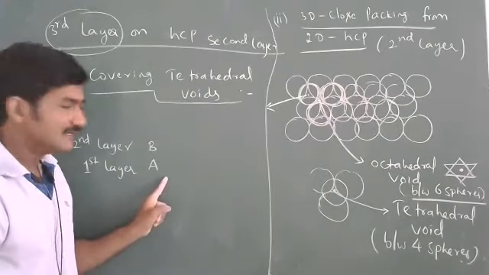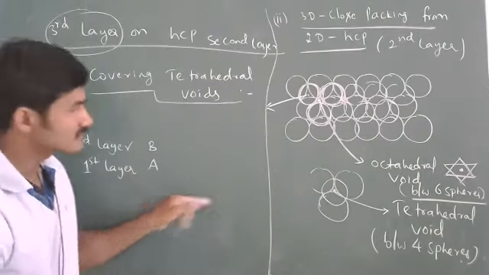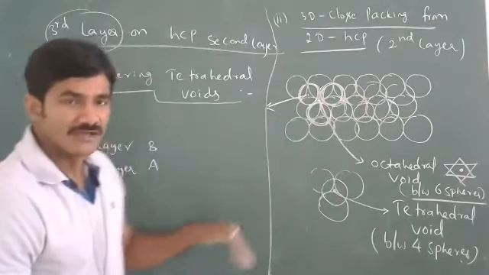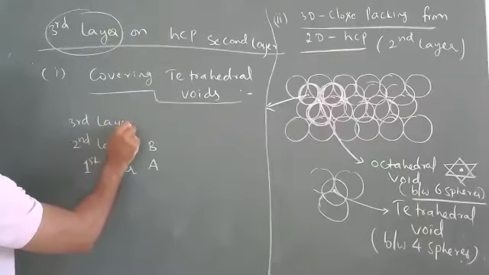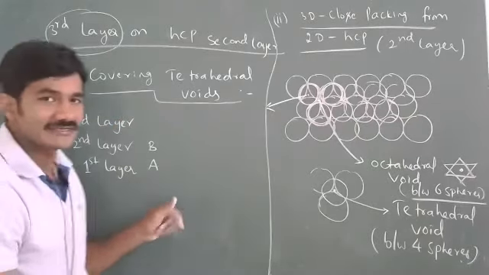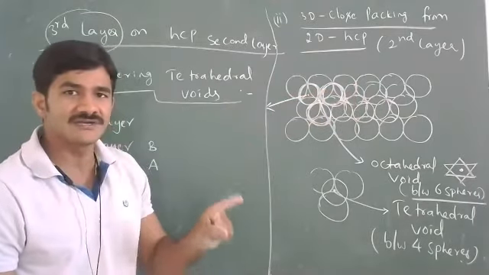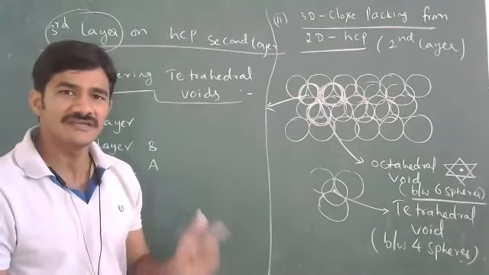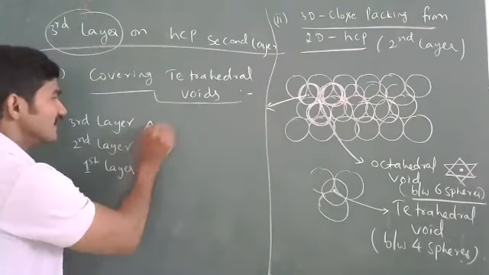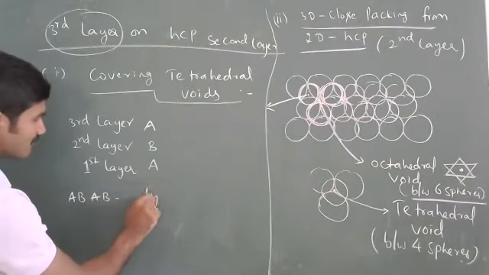Okay. First layer is A, second layer is B. A is one type of arrangement, and B is different from A. Now I'm placing the third layer. The third layer which I'm keeping on this should be similar to the first layer. So it should be A here. So I'm writing AB, AB and so on.